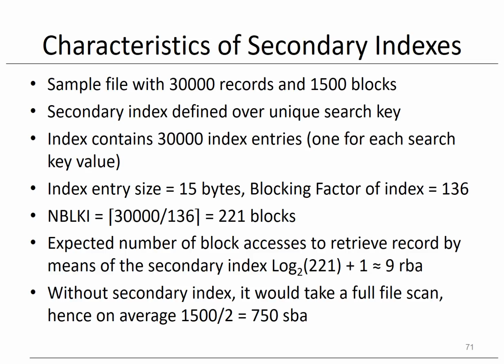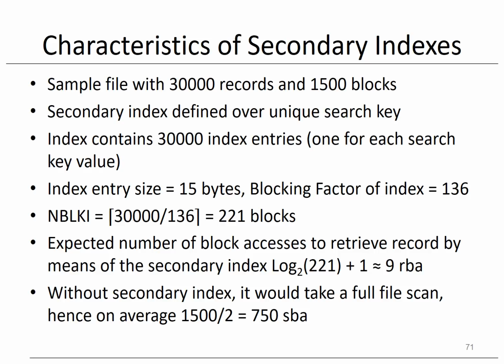In that case, NBLKI equals the ceiling of 30,000 divided by 136, which equals 221 blocks. The expected number of block accesses to retrieve a record by means of the secondary index then amounts to logarithm base 2 of 221 plus 1, or about 9 random block accesses.